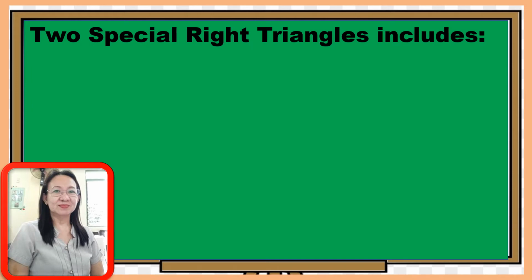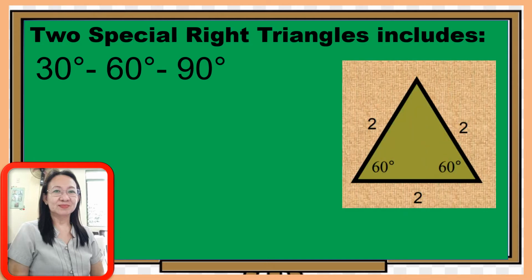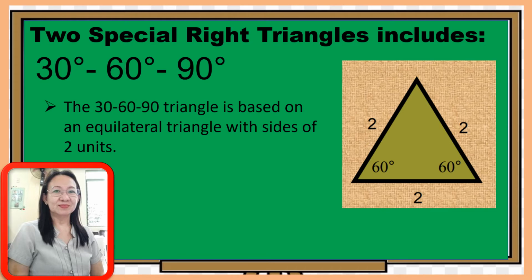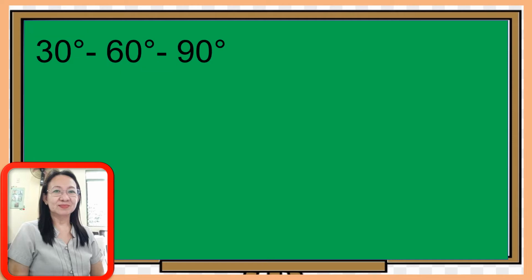Now another special right triangle is the 30, 60, 90 degree triangle. So let us look at this figure. The 30, 60, 90 triangle is based on an equilateral triangle with sides of 2 units. So observe that the base angles are 60 degrees.